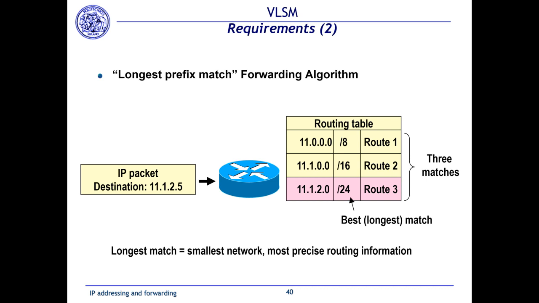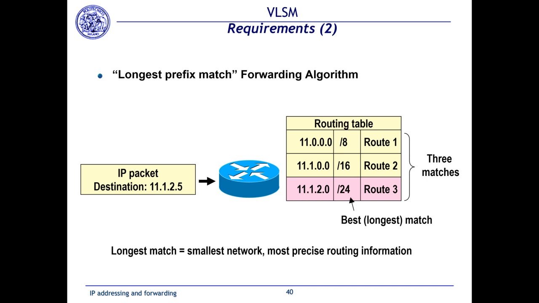So, for example, here you have an entry 11.0.0.0/8. Then you have 11.1/16, 11.1.2/24. The second entry is a subnet of the first. The third entry is a subnet of the second, and also a subnet of the first.